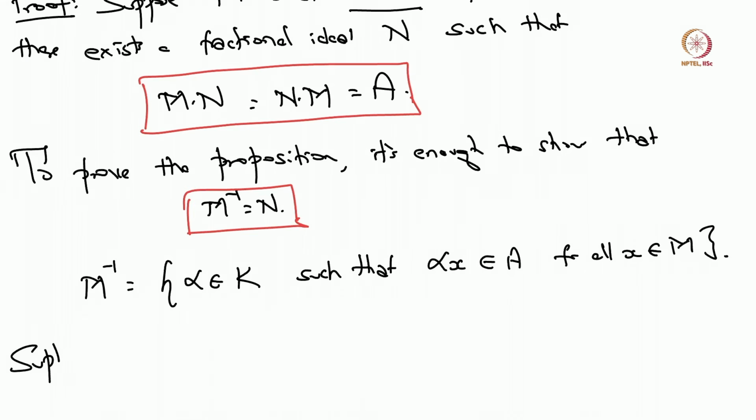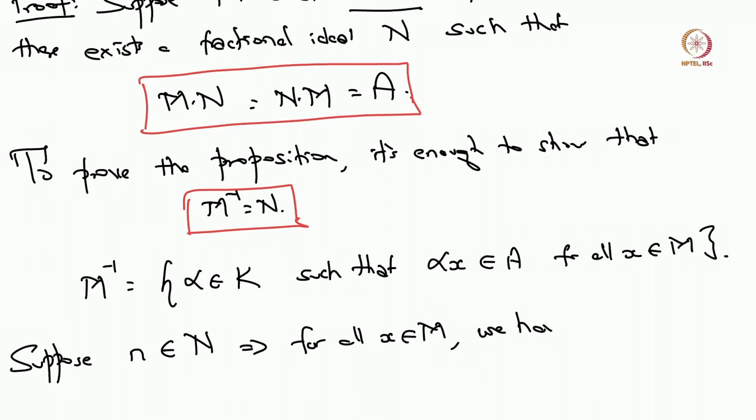Now suppose you have an element little n in the set n. Then again, since we know that M times n equals A, for all x in M, if you take the product x times n, by definition little x belongs to M and little n belongs to n, so the product belongs to M times n.